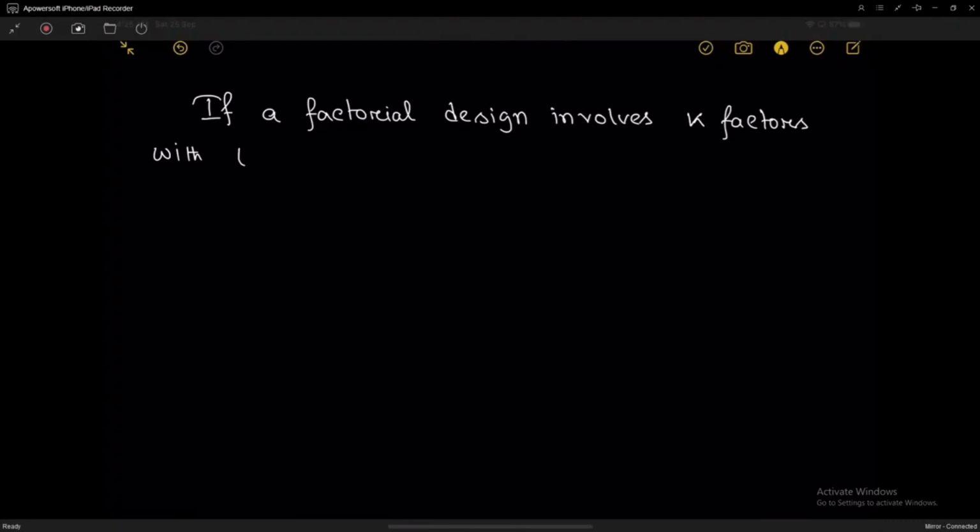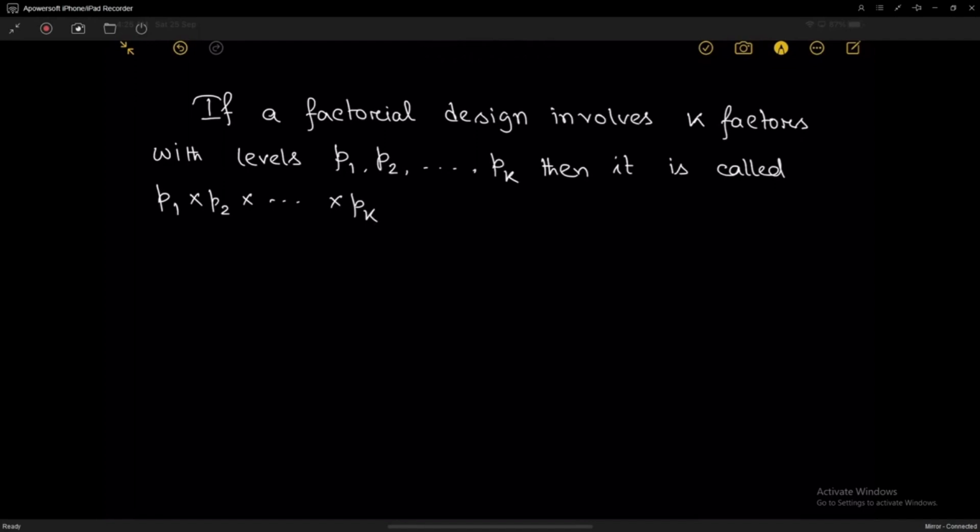That means if a factorial design involves k factors with, let's say, levels p1, p2, ..., pk, then it is called a p1 cross p2 cross ... cross pk factorial experiment.